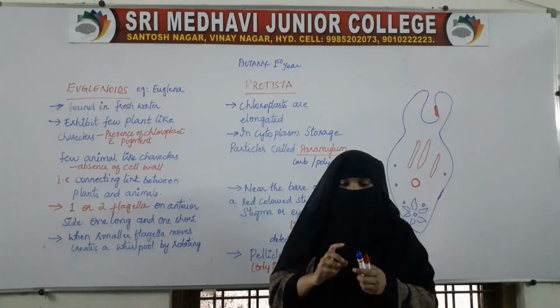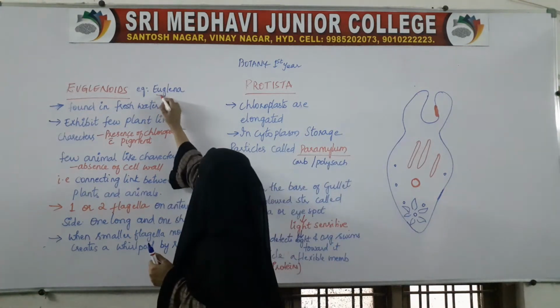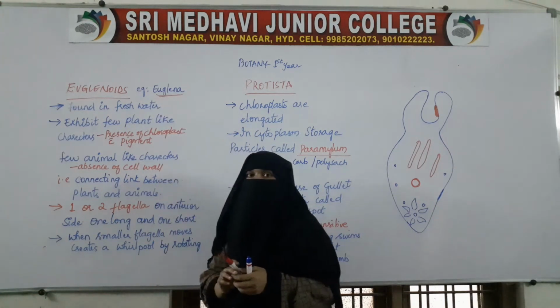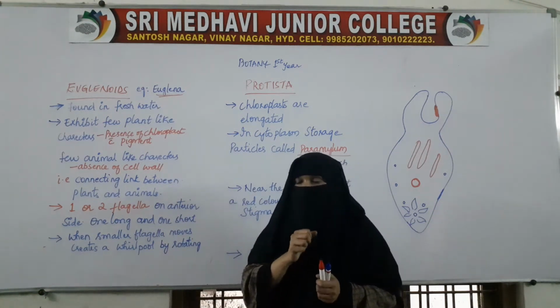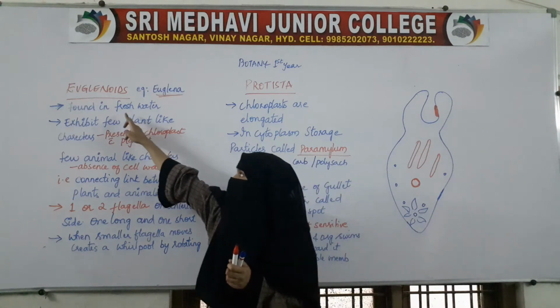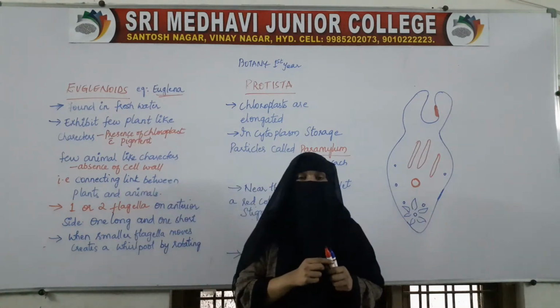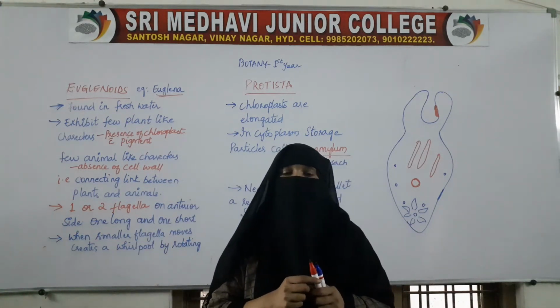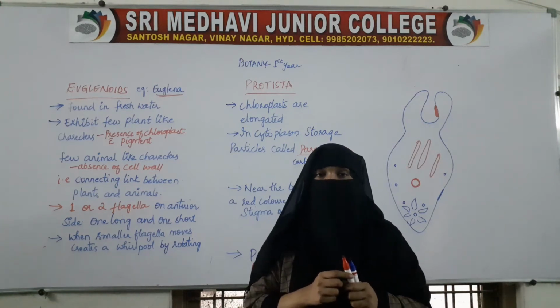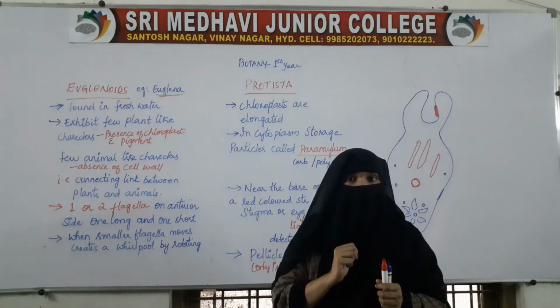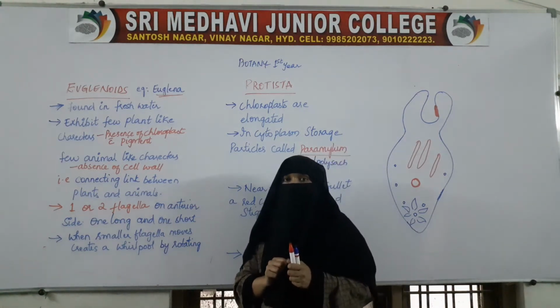We will take an example of Euglena. Euglena is found in fresh water. It is a freshwater organism, not found in marine water.